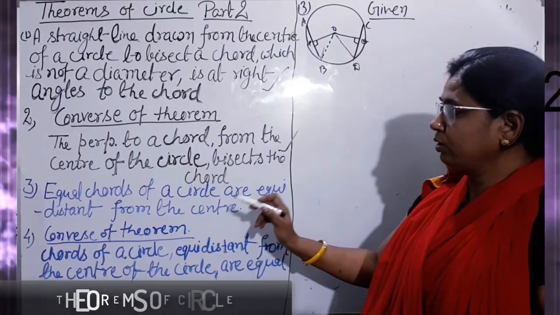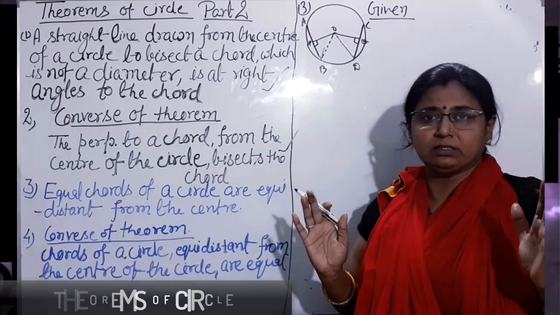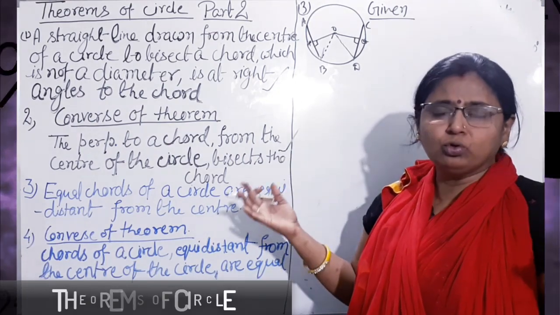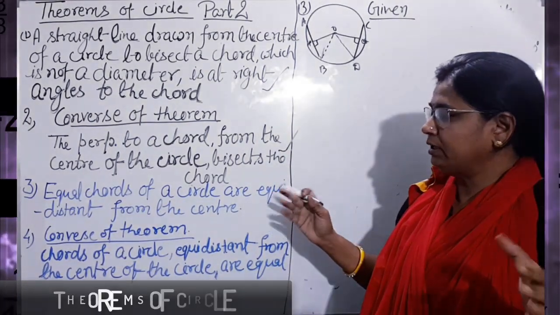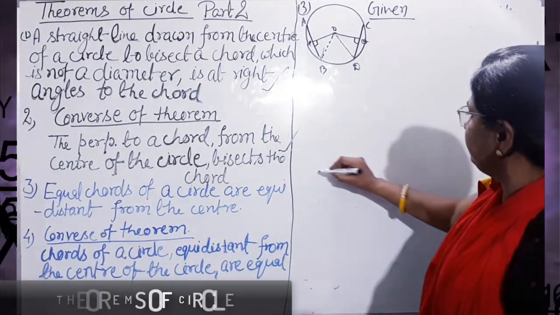Now the third one: equal chords of a circle are equidistant from the center. In a circle, if two or more chords are equal, then they are all at equal distance from the center. Distance means perpendicular distance.